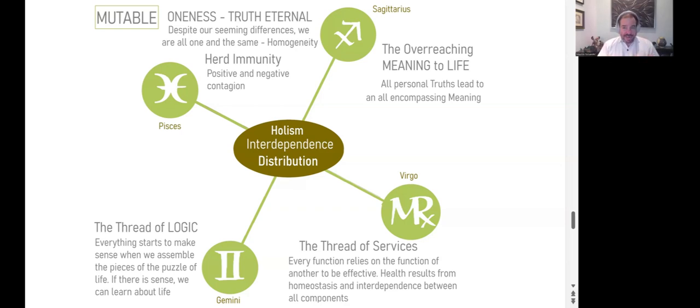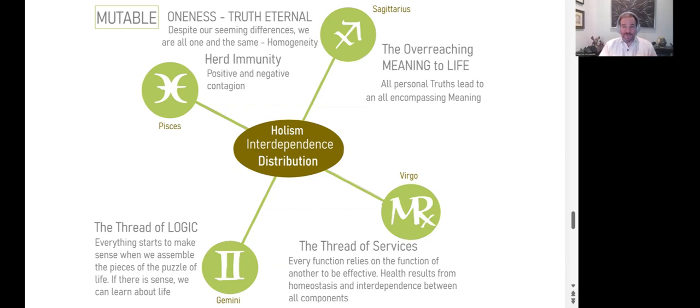But from an archetypal point of view, Sagittarius helps us reveal why we're here. And even if we only get, again, only a part of the puzzle, at least it's something to get by. At least it's something that can lead us and help us make some progress, hopefully expand.